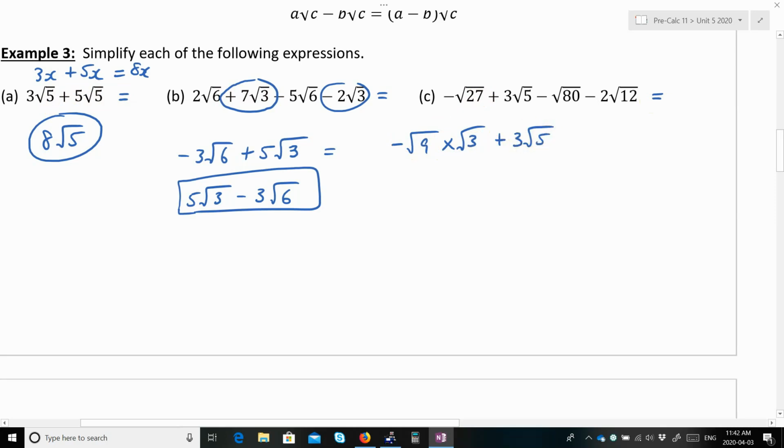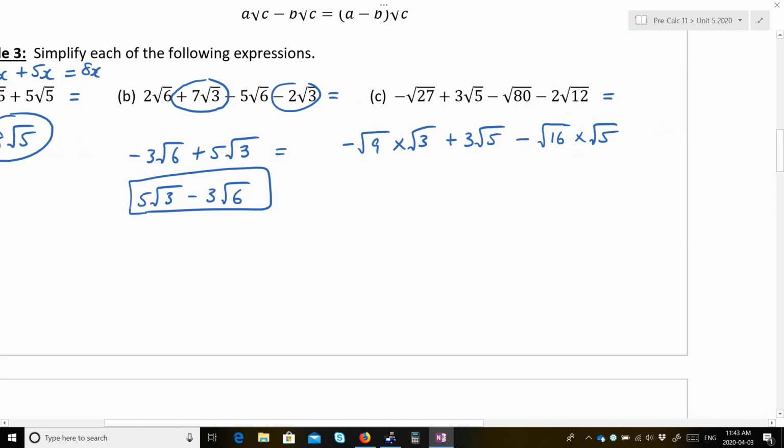The square root of 5 cannot be broken down, but the square root of 80 can be. The largest perfect square factor that goes into 80 is 16. So I can write it as root 16 times root 5. And finally on the end here I have a minus 2 times the square root of 12. And the square root of 12 can be written as root 4 times root 3.